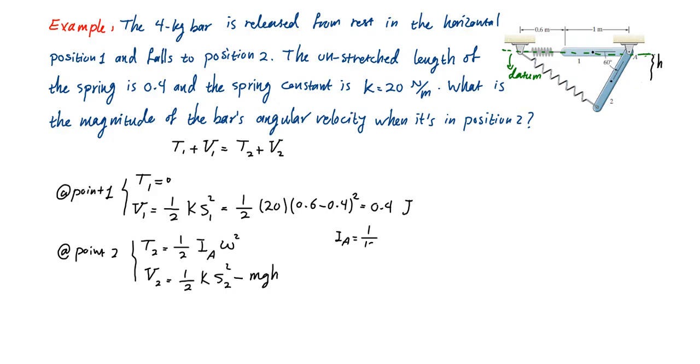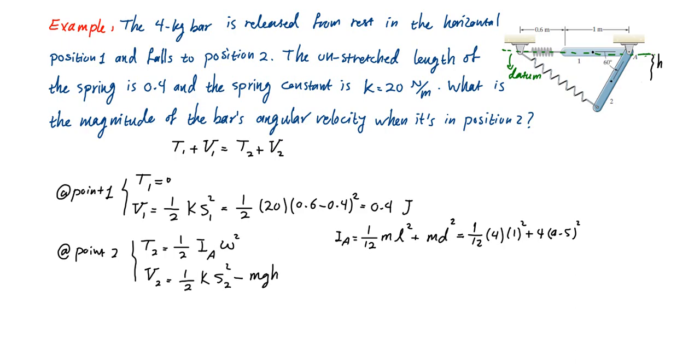The mass moment of inertia of the bar around its center of gravity is 1 over 12 m l squared, and we are looking to find the mass moment of inertia about axis A, which is 0.5 meters away from the axis passing through the center of gravity. So that'll give me m d squared, with d being 0.5. I can plug in the numbers: 1 over 12, the bar is 4 kilogram, the length of the bar is 1, plus 4 kilogram times 0.5 squared, the distance between the two axes.